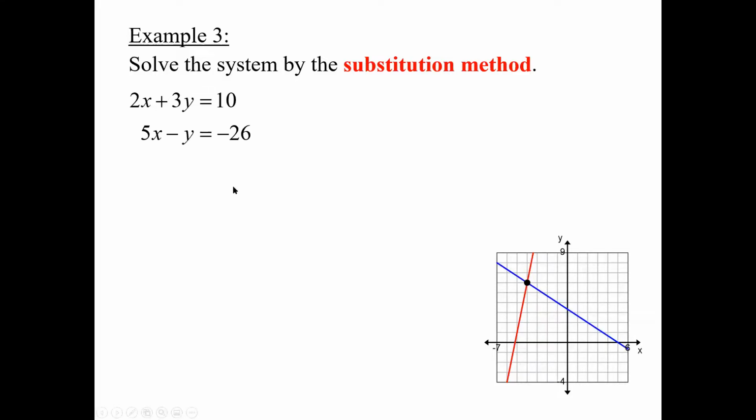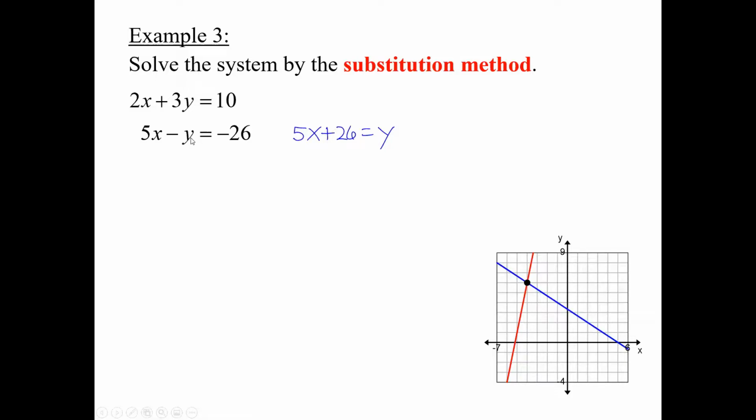Okay, the substitution method. We've been doing the elimination or addition method up to this point. Now we're going to do the substitution method. When you do a substitution, you've got to get one of the two equations with a single variable isolated.